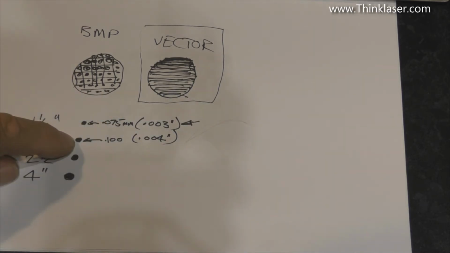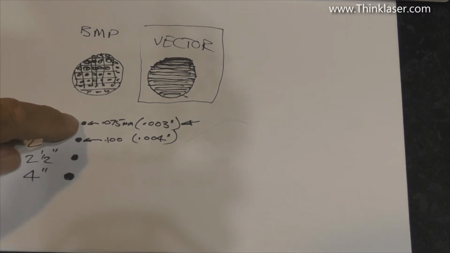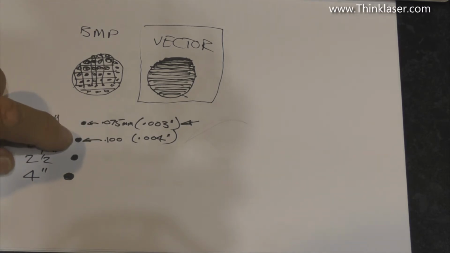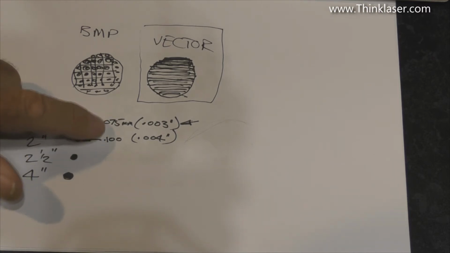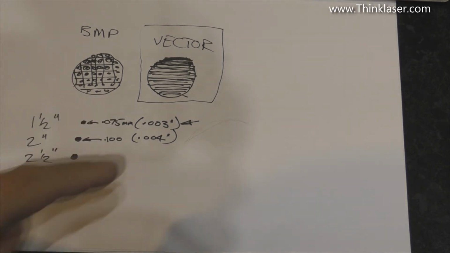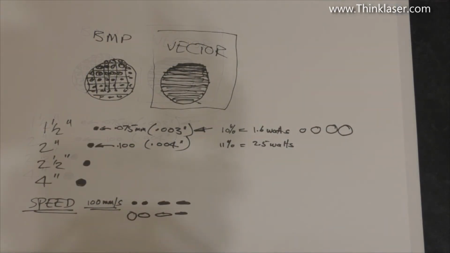You'd concentrate 60 watts into that size and then put 60 watts into that size. The energy density there is almost, well, it is twice as high as it is in this one. So in terms of cutting power, this change makes a big difference. But in terms of engraving power, it makes no difference at all.